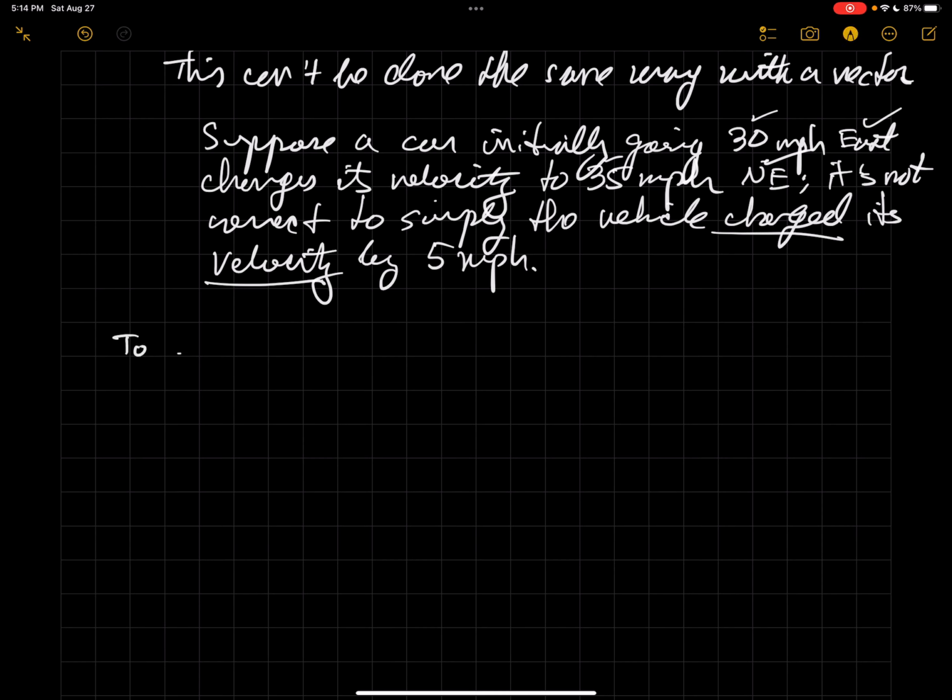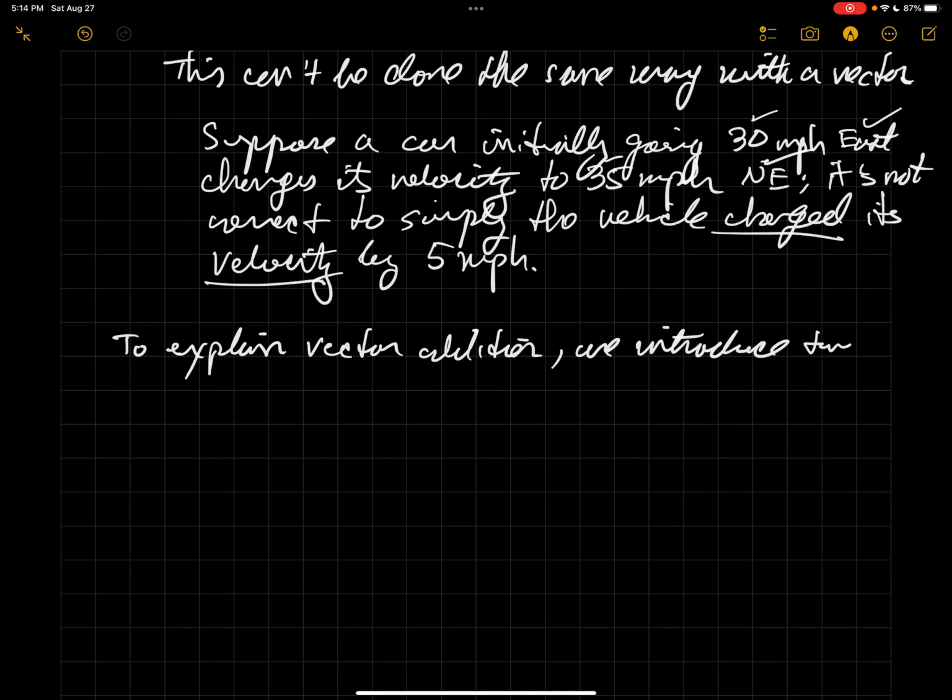So to explain vector addition, we introduce two concepts that will be pervasive in our study of physics.